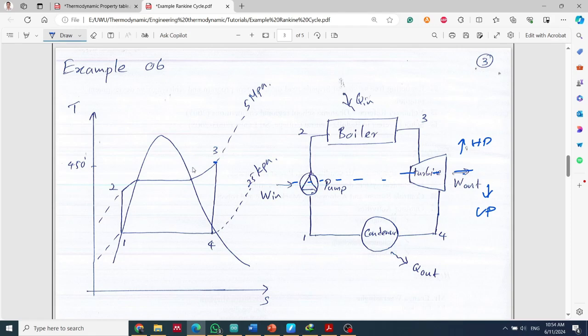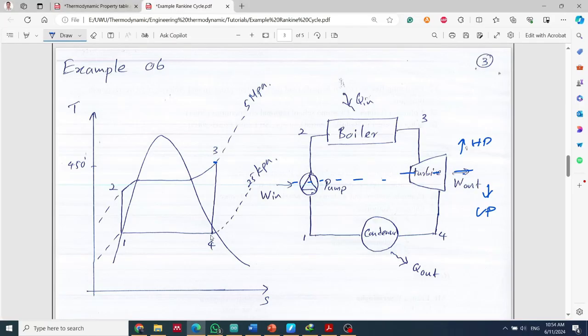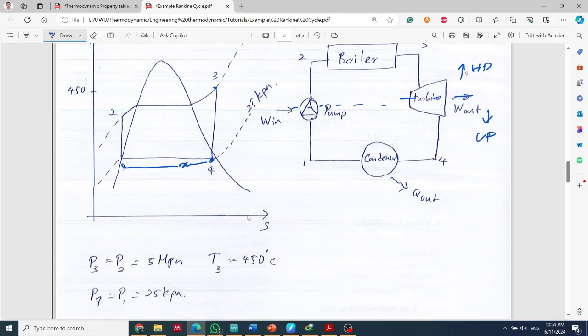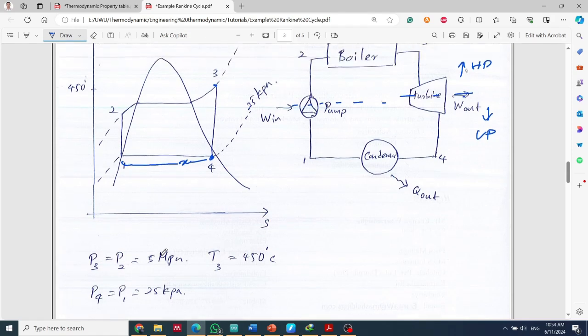Okay, so the first one, part A, is asking the quality of the steam at the turbine exit. What does quality mean? We are talking about this point. What is the fraction? You remember the x value. So basically it is asking what is the x value at point 4. So we already know P3 equal to P2 equal to 5 megapascal, T3 equal to 450 Celsius, P4 equal to P1 equal to 25 kilopascal.